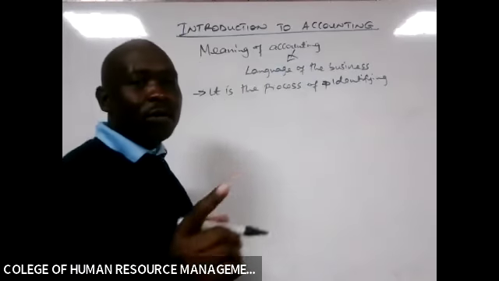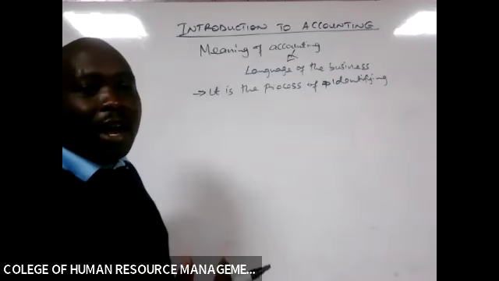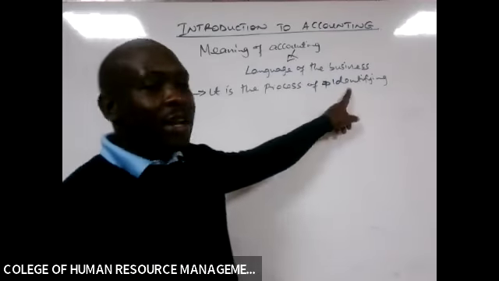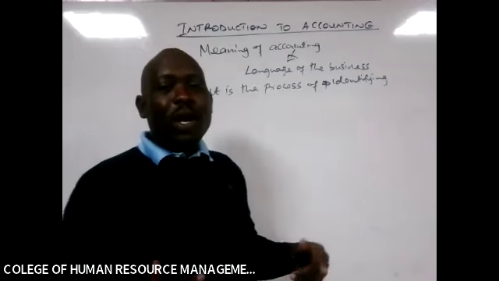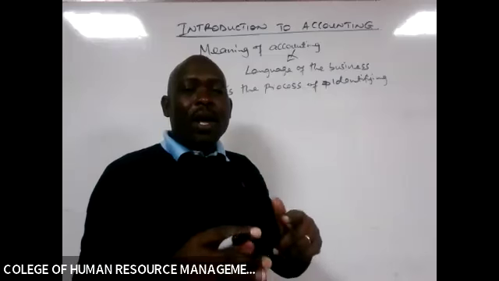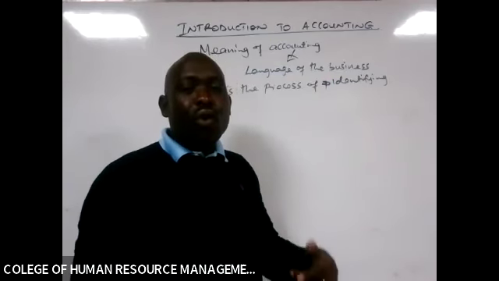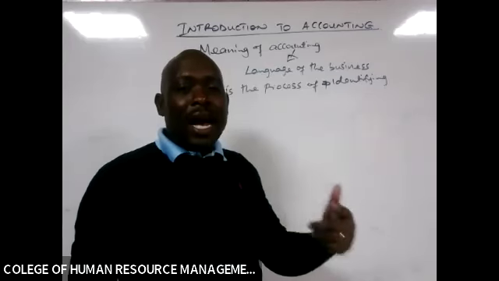Accounting is the process, it is the stages. The stages here, number 1 will be the stage of identifying. What are we identifying? Here, we are simply saying that when a business is running its activities, so many activities will be done.